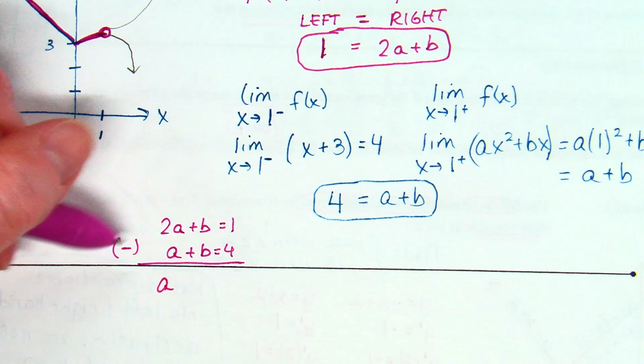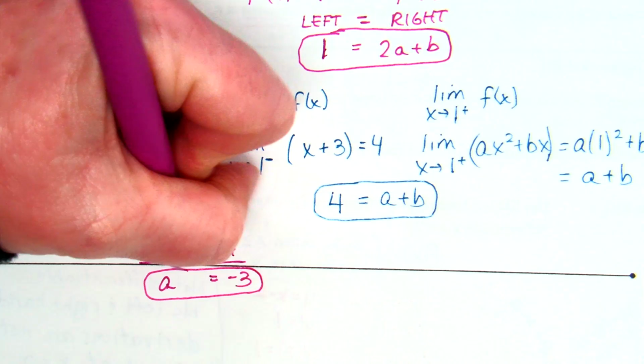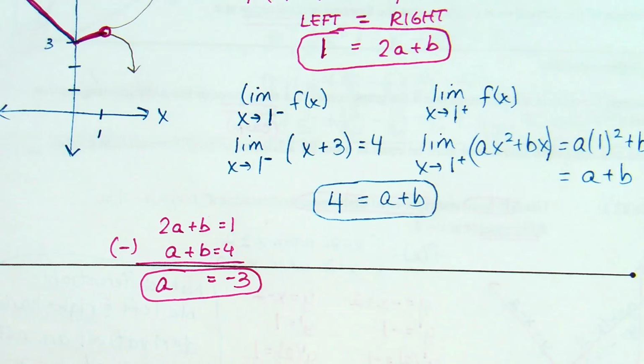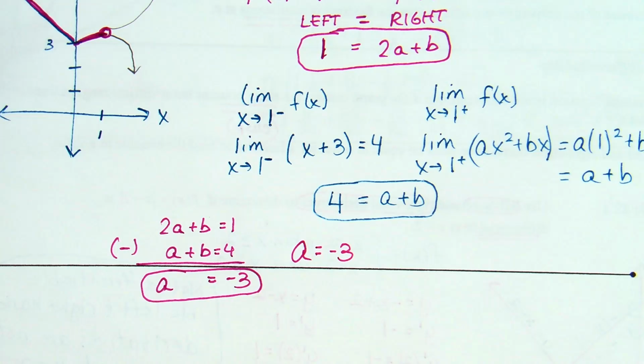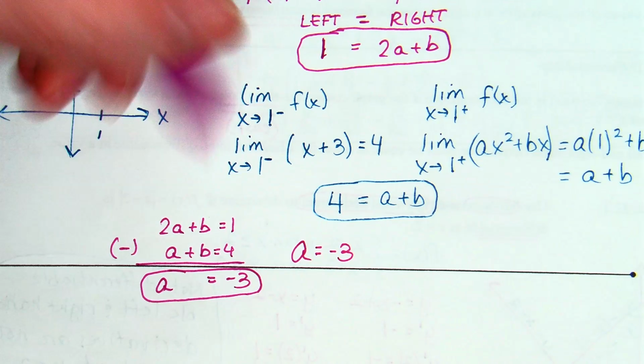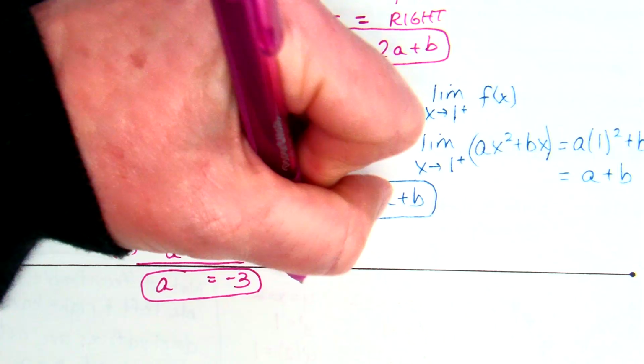B minus b cancels. 1 minus 4 is negative 3. I'm not against substitution either. So, if a plus b equals 4, and a is negative 3, that does make b 7.